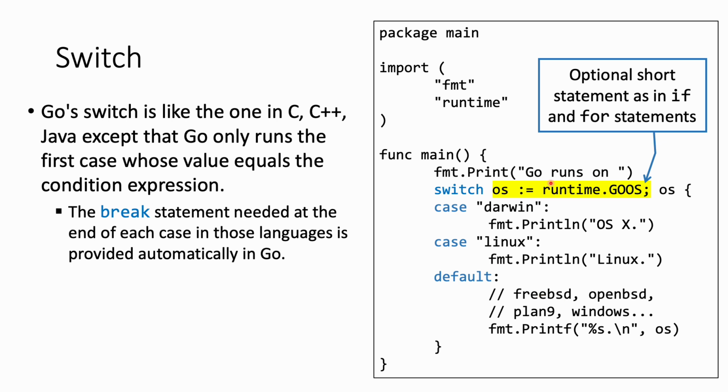This example of a switch statement is equivalent to the sequence of if, else if, and else statements in the previous slide. The condition expression in this switch statement is variable OS, which is declared in the short statement of this switch statement. And the default case is equivalent to the else case in the if-else statement sequence.